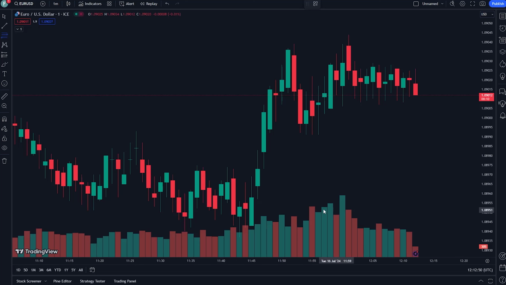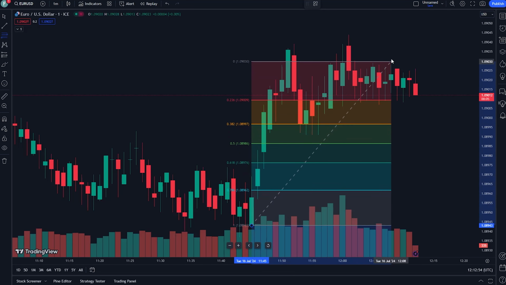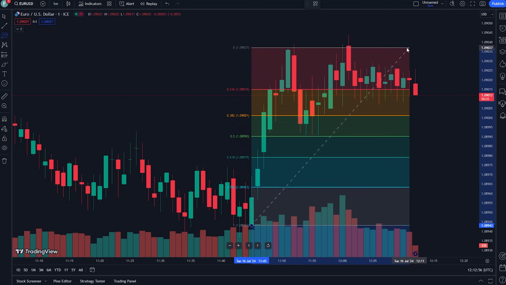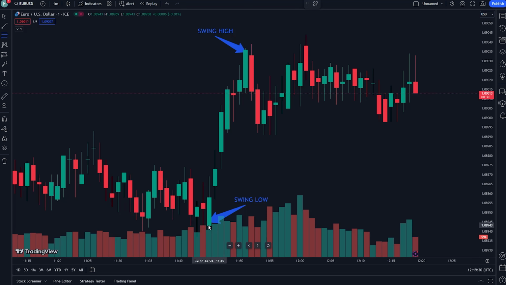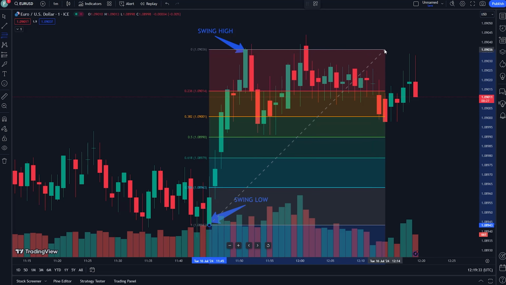Fibonacci retracements is a tool that displays horizontal lines based on Fibonacci numbers. These lines can then be used as key support and resistance levels. To use the Fibonacci retracement tool, you first start by identifying a swing low and a swing high on a chart. Then drag the tool from the swing low to the swing high.